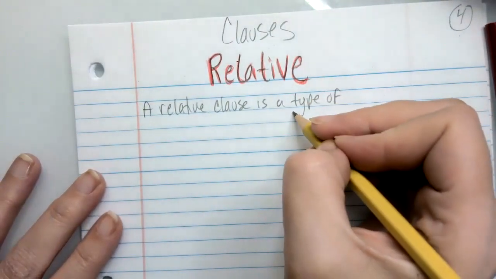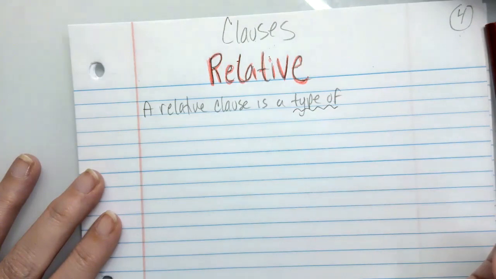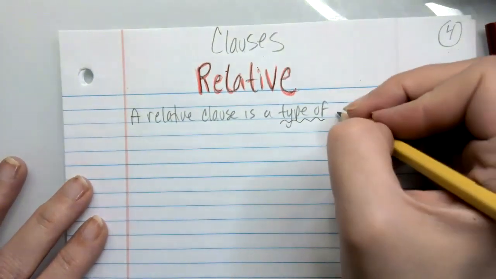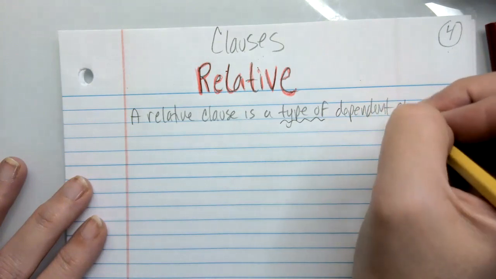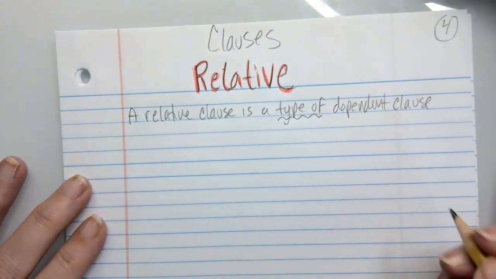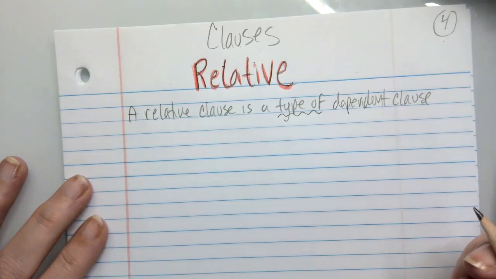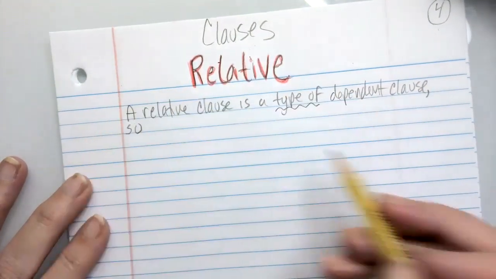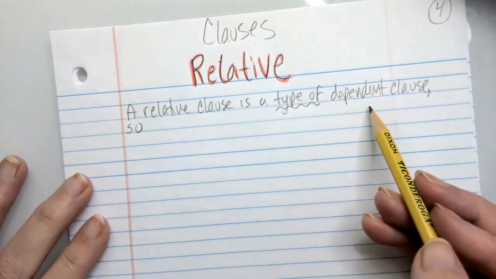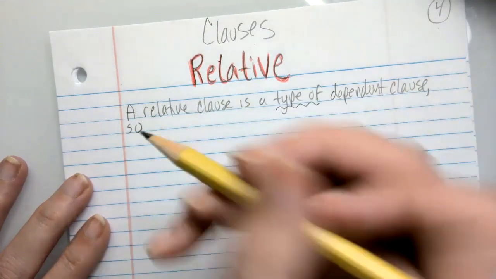And then we're just going to do a squiggle line into that, a type of dependent clause. So we will use red to identify it. Let's put a comma here. A relative clause is a type of dependent clause, comma.